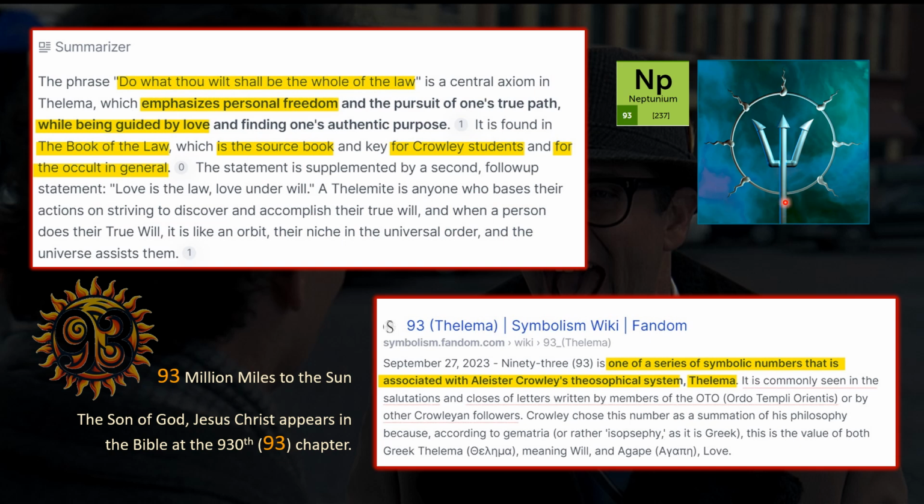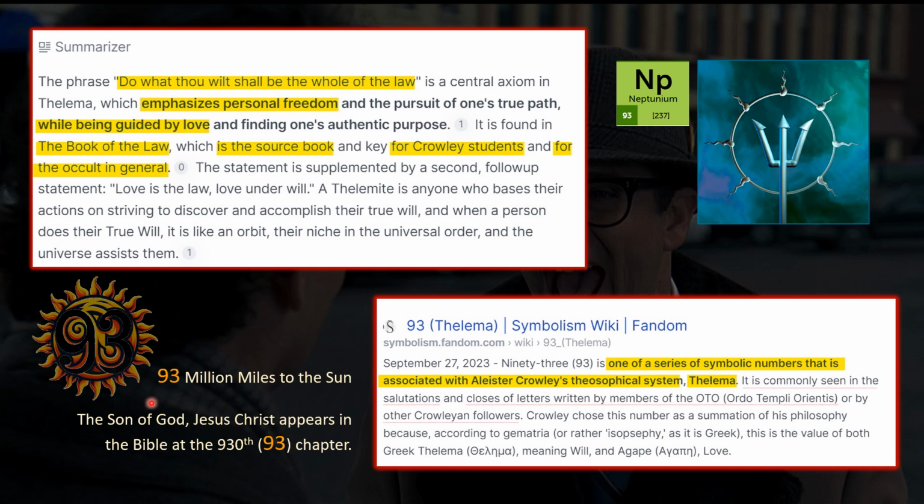If we take the rod there, the pole for the pitchfork, and even the points of the star look like little sperms within a watery background. The number 93 is very, very important.